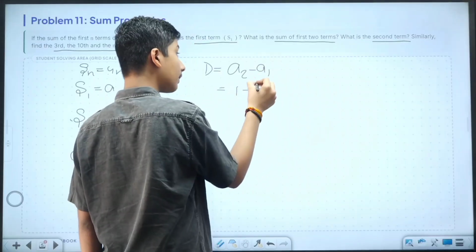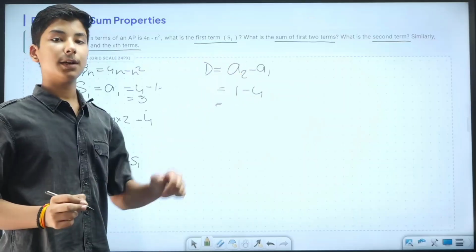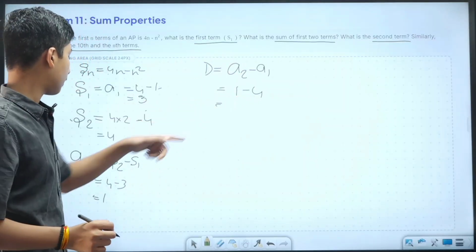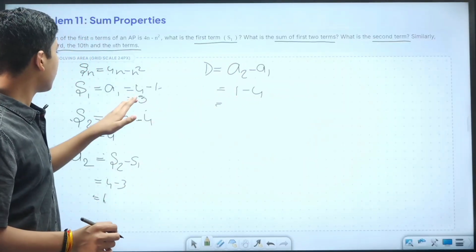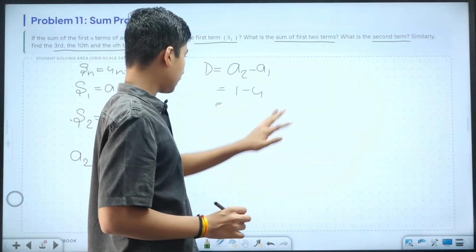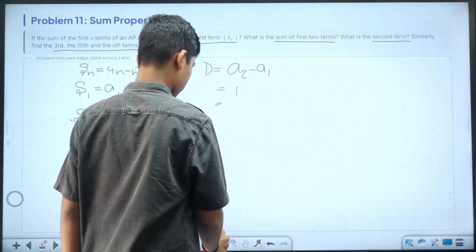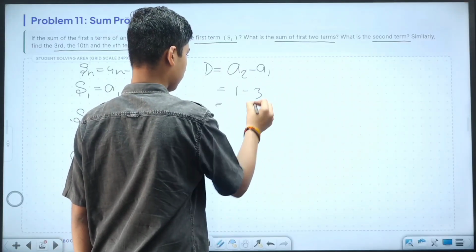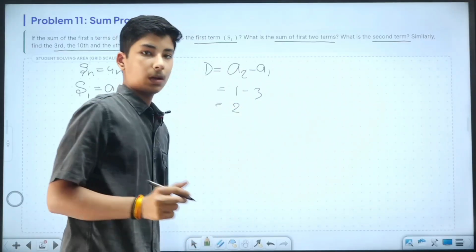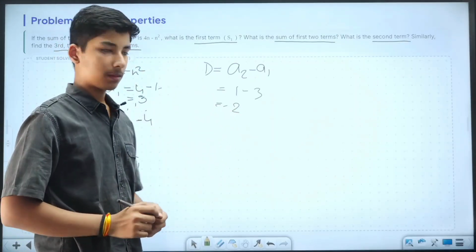So it will be 1 minus 3, not 4 minus 1, because it is always second term minus first term. A1 is 3. So D is minus 2.